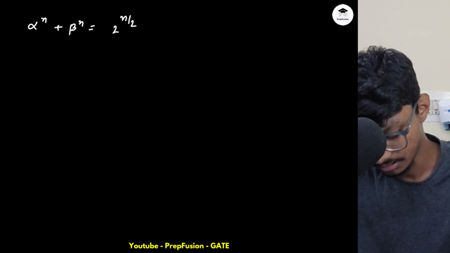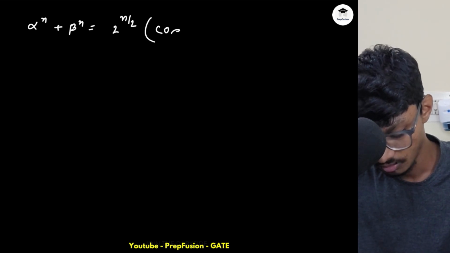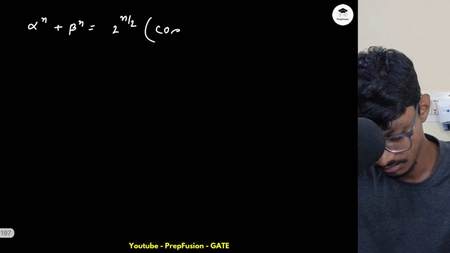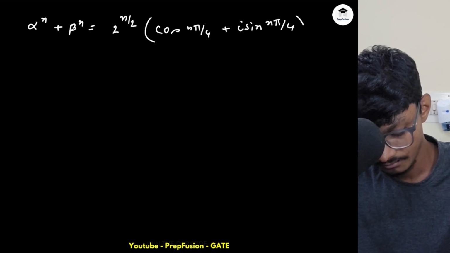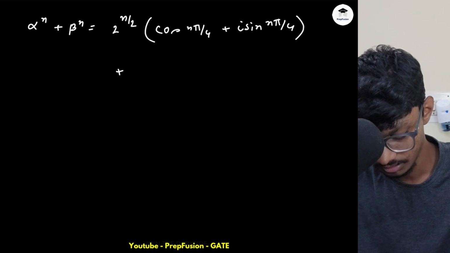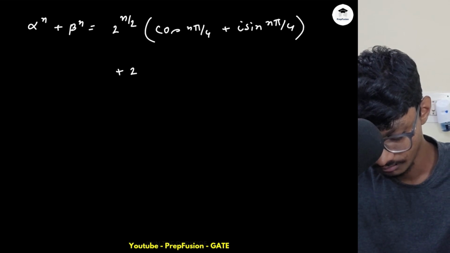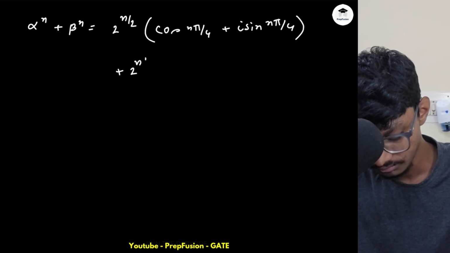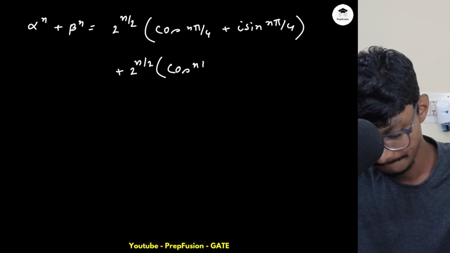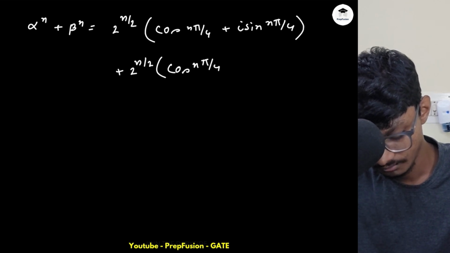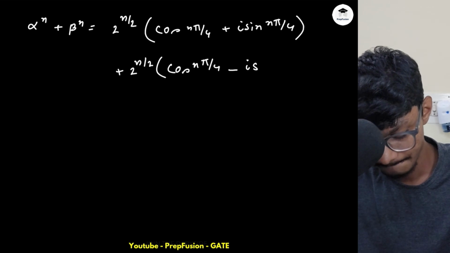And this will be cos of n pi by 4 plus i sin of n pi by 4. Similarly beta raised to power n is 2 raised to power n by 2 times cos n pi by 4 minus i sin n pi by 4.